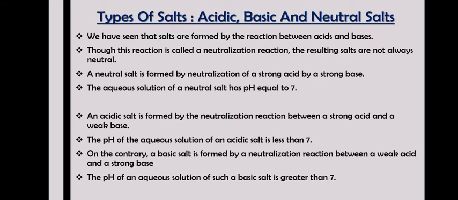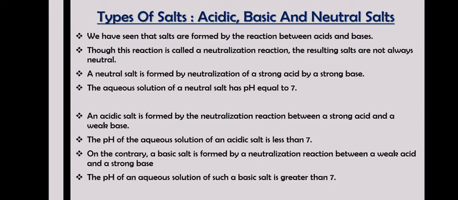See, 3 things you need to remember here. Strong acid, strong base will give you neutral salt, followed, and its pH will be equal to 7. A strong acid and a weak base will give you an acidic salt, because the acid is strong, and its pH will be less than 7.